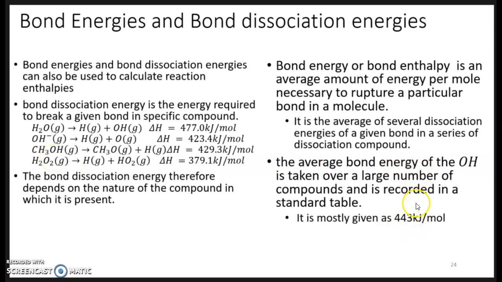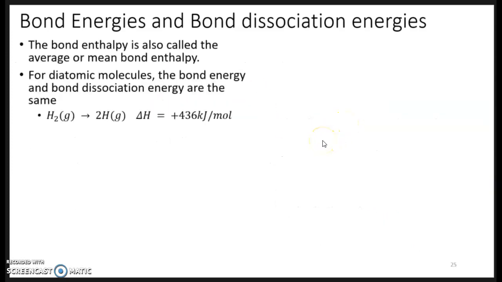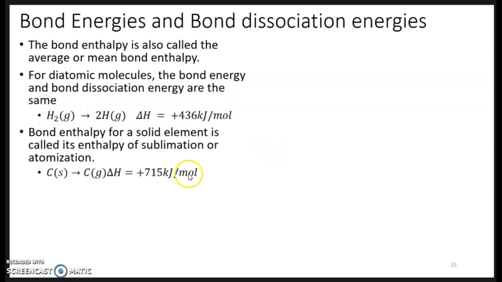The average over a large number of compounds is mostly given as 443. So bond dissociation energies can be used to estimate bond enthalpy, because it's an average of several bond energies. For a diatomic molecule, the bond energy and bond dissociation energy are the same, since it's just two atoms.